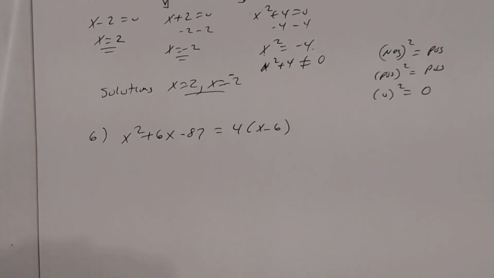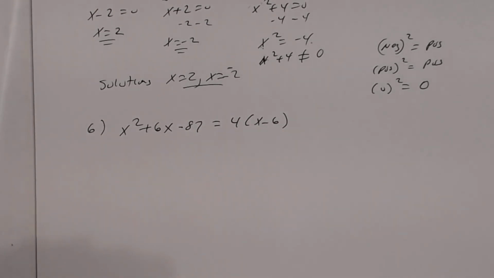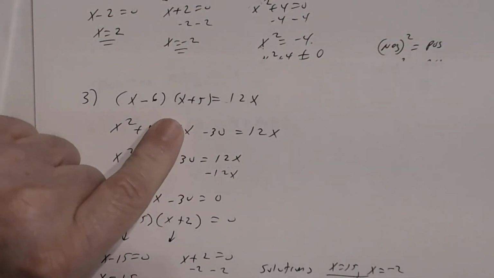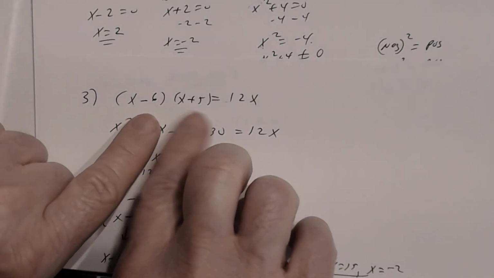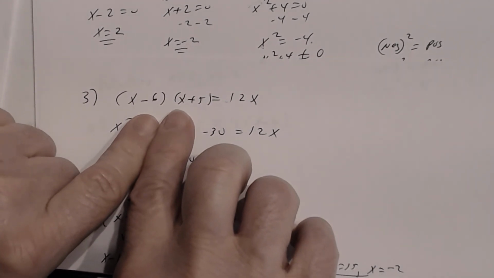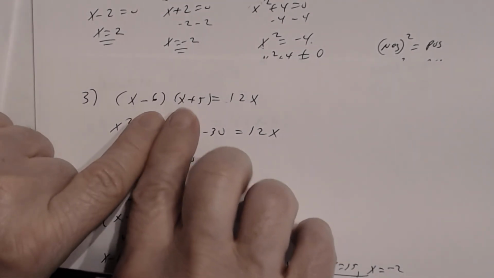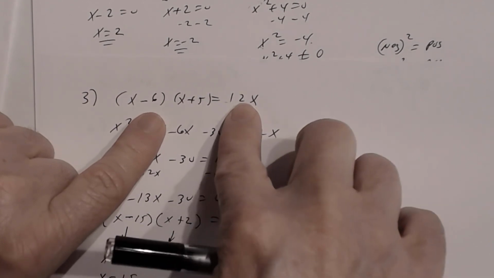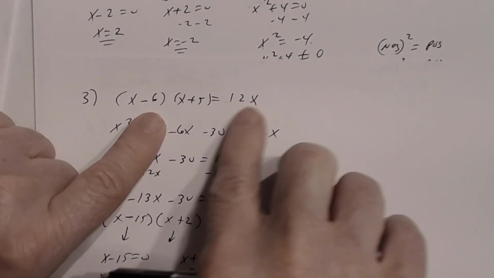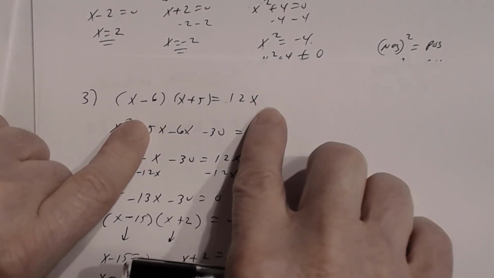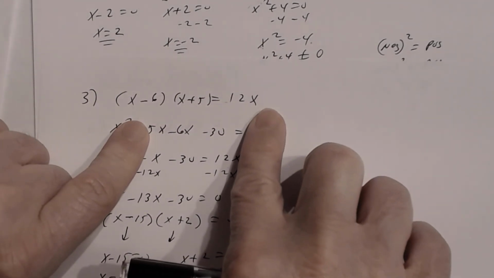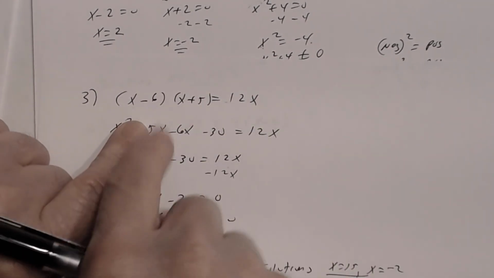Just as you did in one of the previous problems, I think it was number 3, see how it looks like this is already factored? Some of you would have the inclination to set each factor equal to this on this side, but you're overgeneralizing. Whatever you have will not be a solution to this.